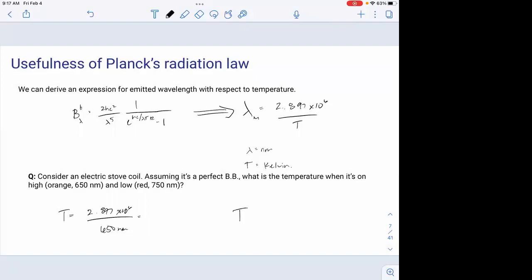And I could set up the other exactly the same way, 2.897 times 10 to the 6th over 750, right? So I should get something like 4460. This one, 3860. Cool.